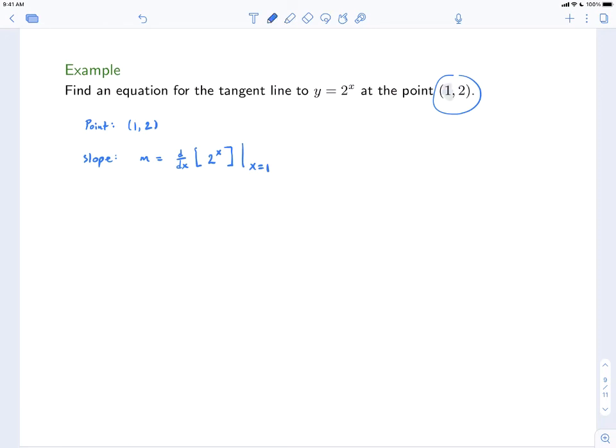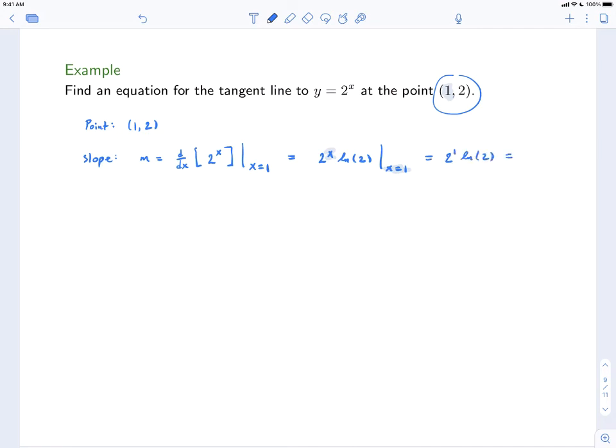So what is the derivative of 2 to the x? Well, that's going to be 2 to the x again times the natural logarithm of 2. And we want to evaluate this at x equals 1. So anywhere you see an x, you just plug in x equals 1. So we'll just have 2 to the 1 times ln of 2.